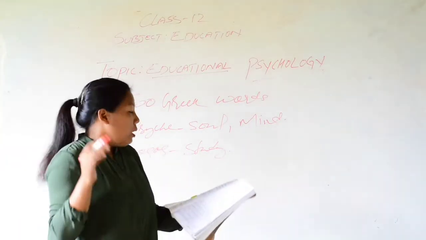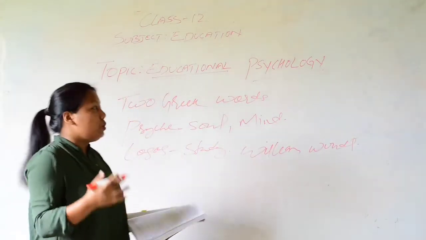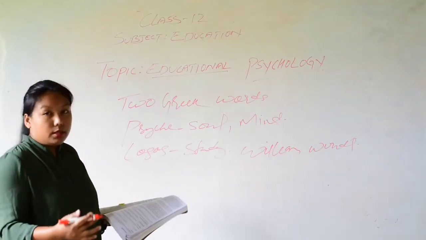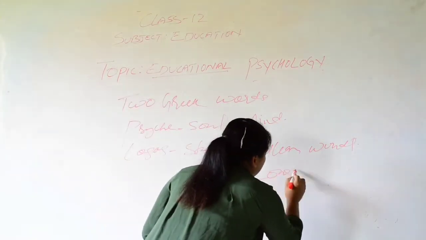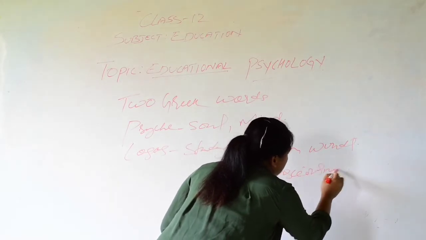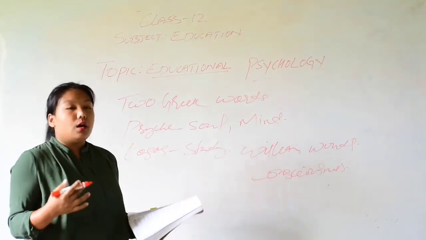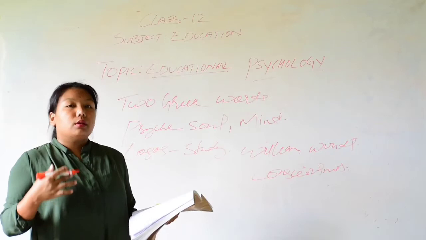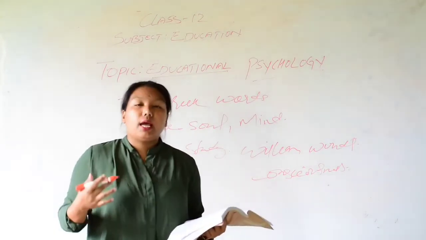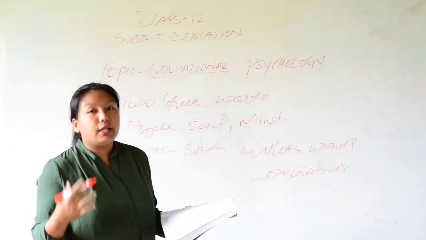After that, William Wundt came up with another definition, that is psychology as the study of consciousness. But this definition also faced rejections on certain grounds because apart from consciousness, human beings have subconscious and unconscious states of mind.